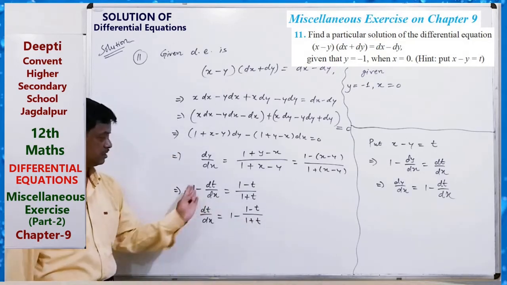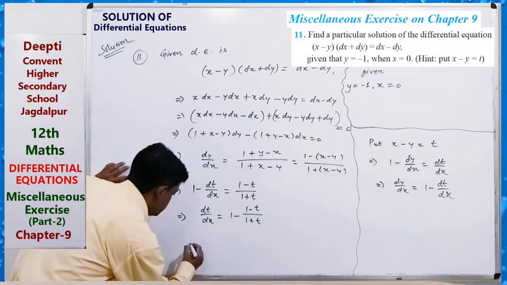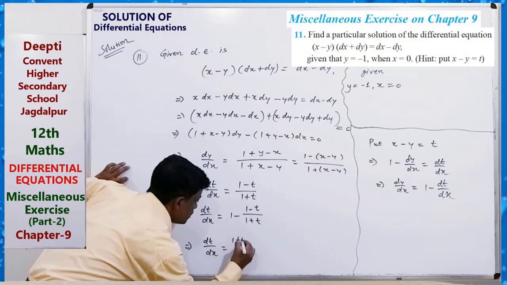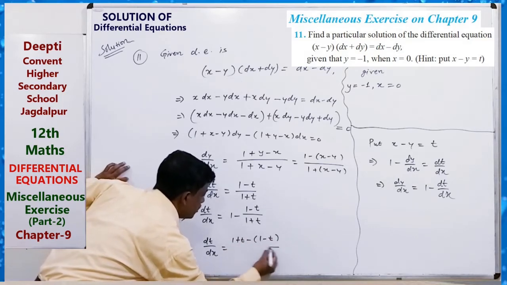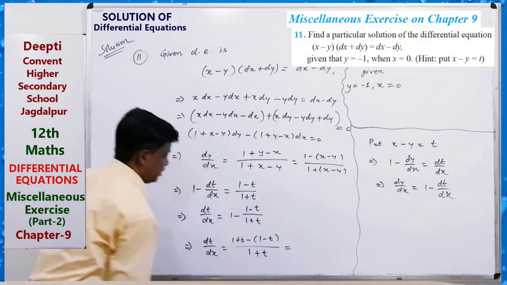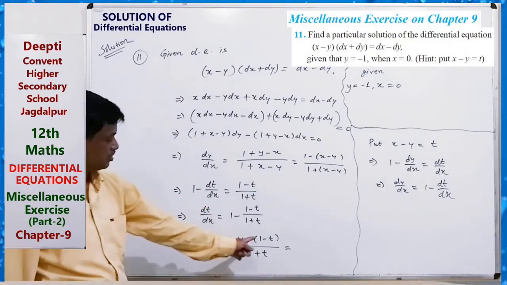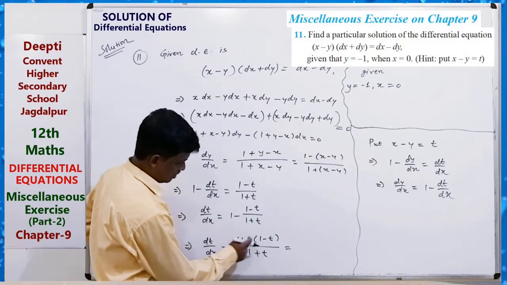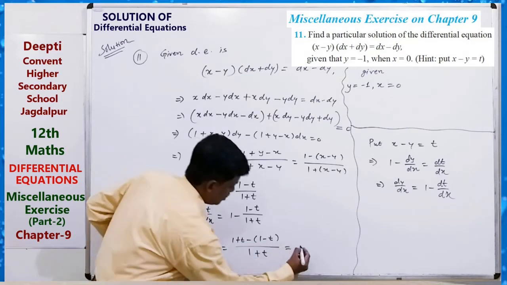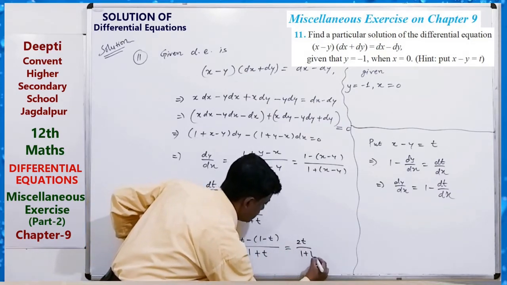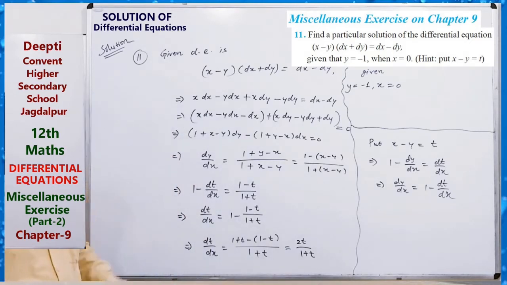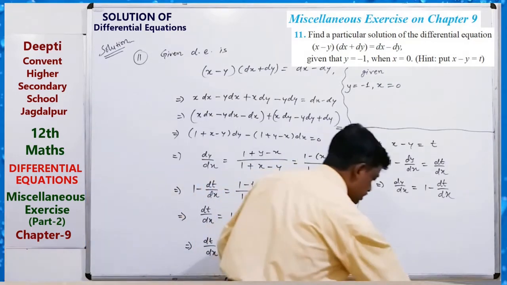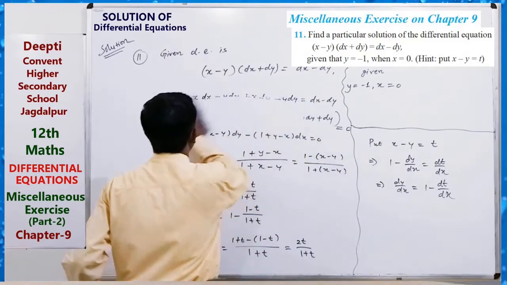Transfer to the right hand side, dt by dx equals to (1 plus t minus 1 minus t) upon 1 plus t. 1 plus t minus 1 cancel, t plus t is 2t, so 2t by 1 plus t. Clear? So dt by dx equals to 2t by 1 plus t, that is separable form equation in t and x.